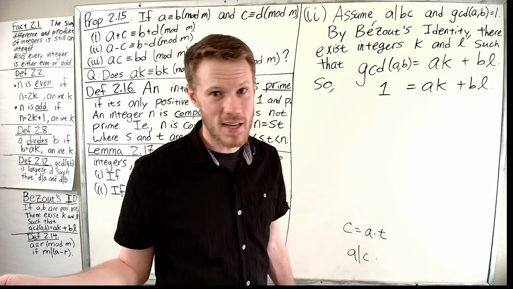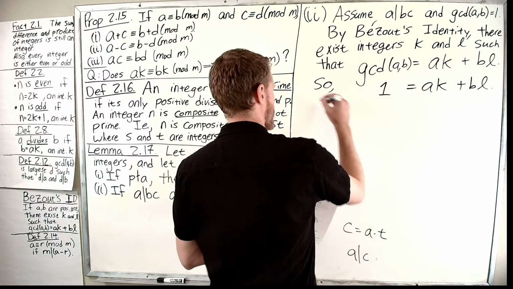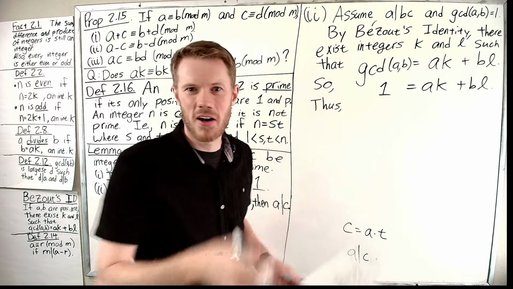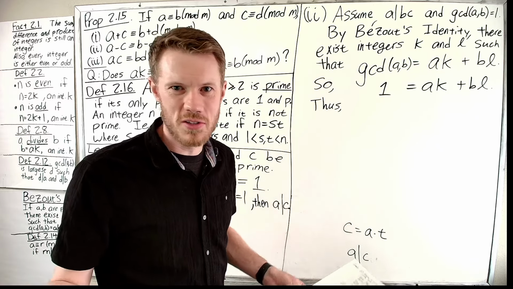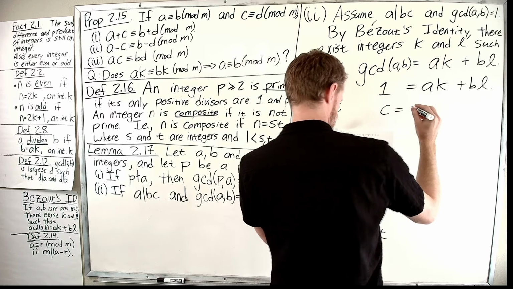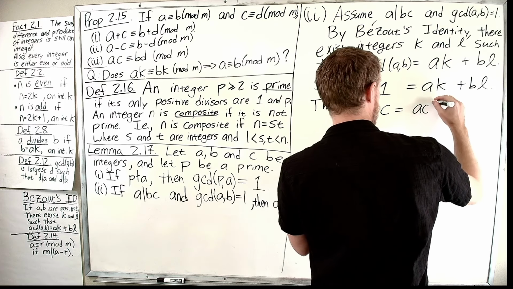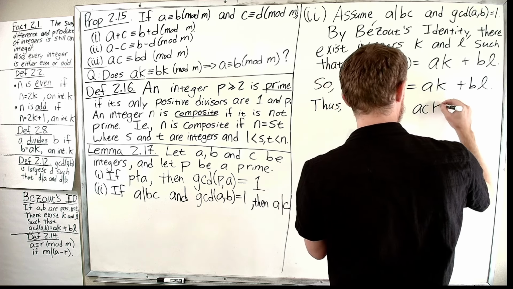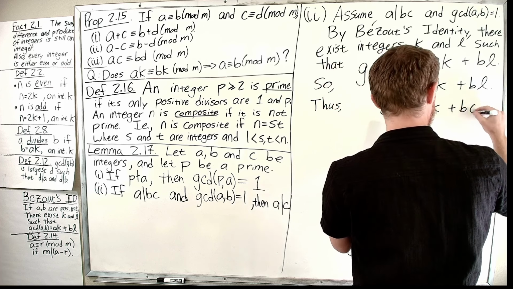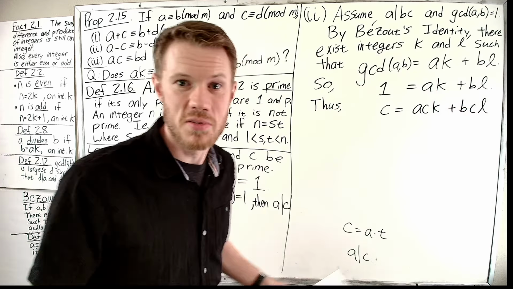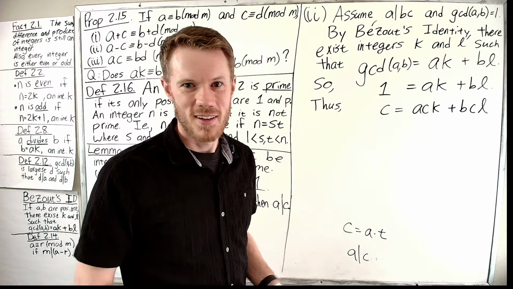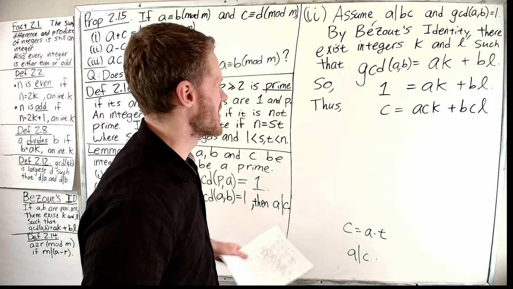Well, we can multiply both sides by C. We know that's allowed. So, therefore, these are all words you can throw in interchangeably. For mathematicians, it's good that there are some synonyms for thus and so and therefore, so that our work isn't so repetitive.